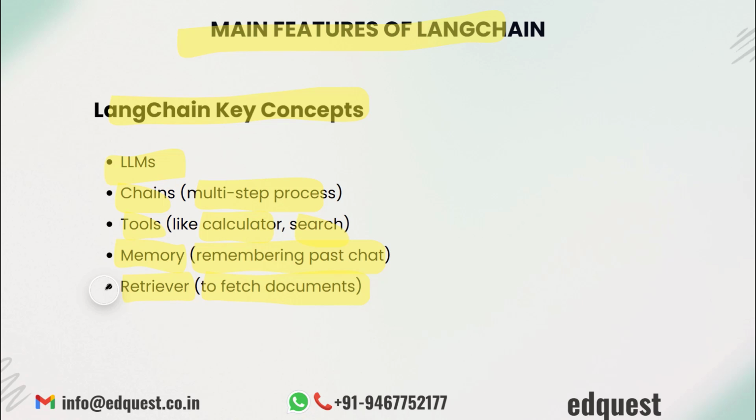This is especially useful in building RAG applications, retrieval augmented generation, where the AI doesn't hallucinate but fetches facts before answering. These 5 together form the brain, memory, and muscles of any LangChain powered AI app. Up next, let's see how people are using all these concepts to build real world applications that you can actually try or create yourself.